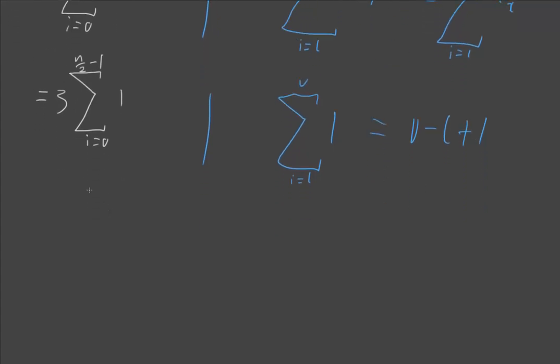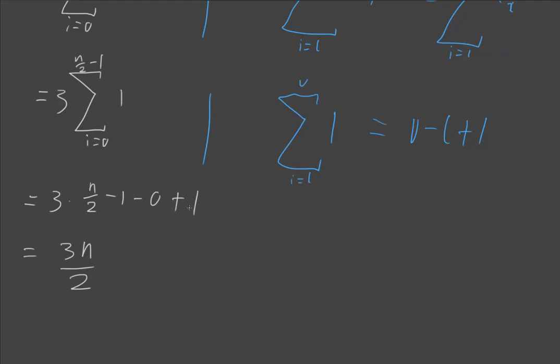But in this case it's not. So if we expand that out here, we end up with 3 times, so U is n over 2 minus 1, minus L, which is 0, minus 0 plus 1, which is equal to 3n over 2. So obviously we've got minus 1, minus 0 is nothing, minus 1 plus 1.